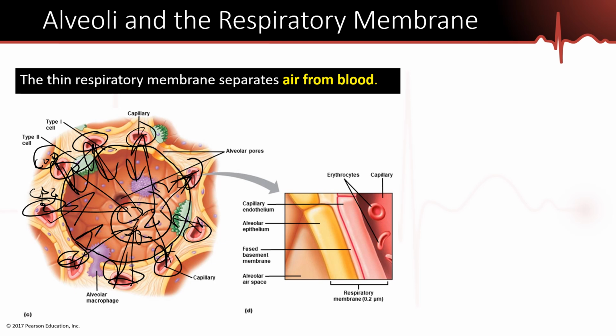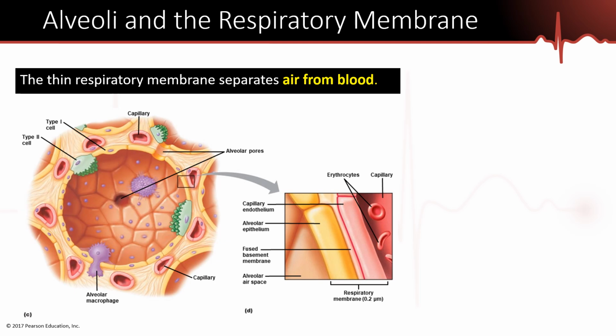Now, I wanted to point out one more thing about the anatomy of these alveoli. In this case, we're looking at one alveolus, but you can imagine this applies to all of them. So the alveoli are all surrounded by a layer of simple squamous epithelium.